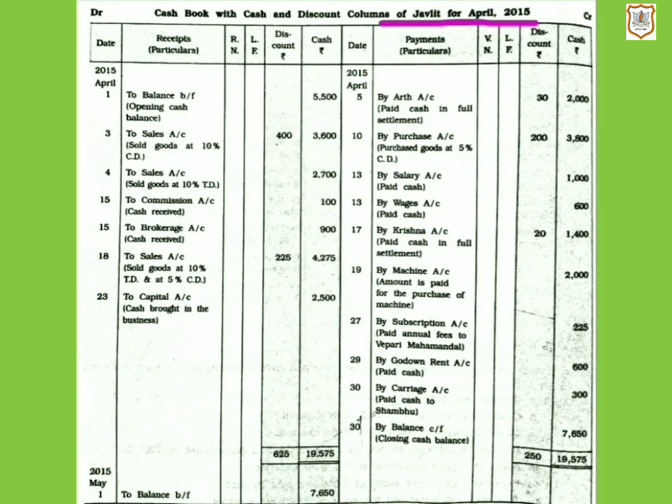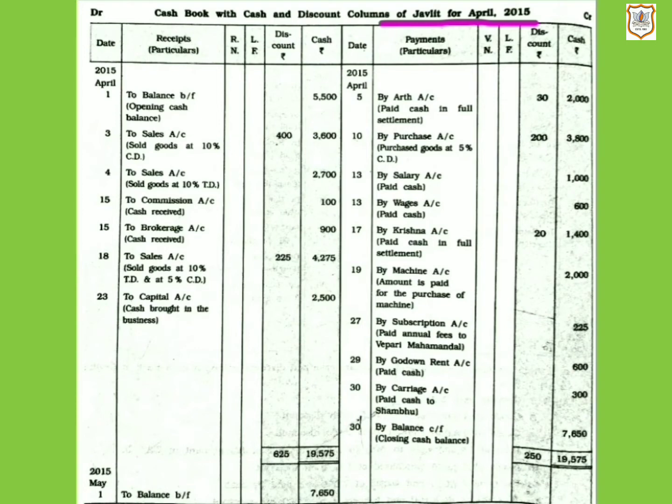Rule is applied. Cash discount is expense for traders. Therefore, discount allowed is debited. Cash discount is income for the trader who is the receiver of the benefit. Therefore, discount received account is credited.